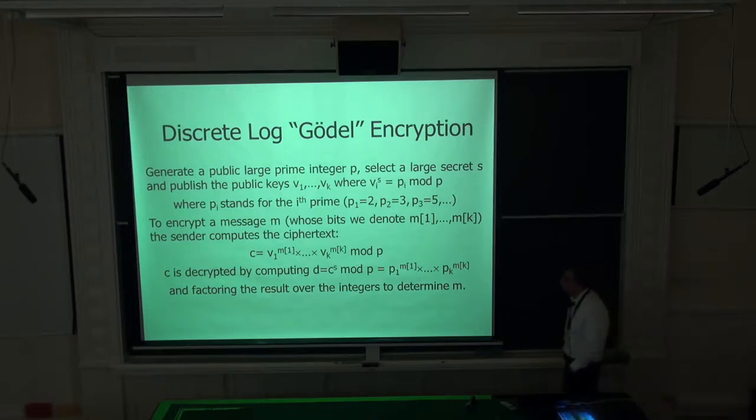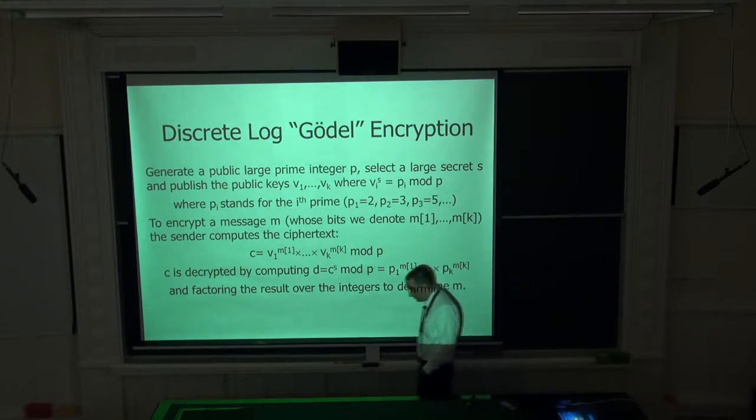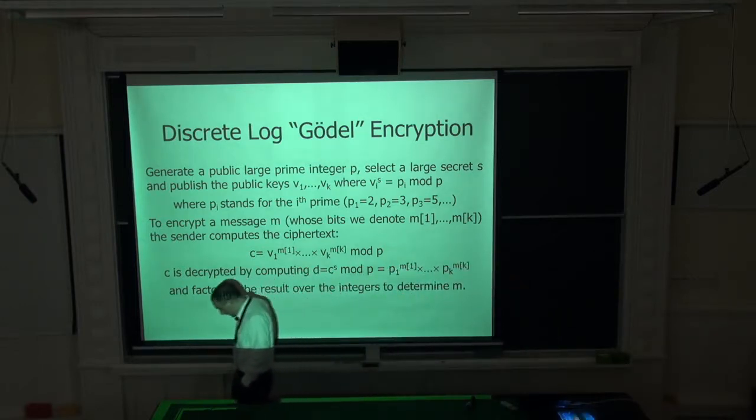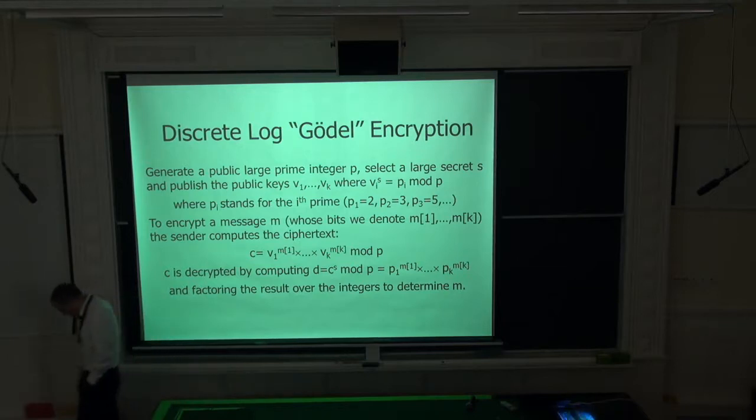So Pi is a small prime, like 2, 3, 5, and so on. So you take a big secret S, let's say, think about it as a 200-bit number, or 500-bit number, P as a 1024-bit number, and you take all the small primes, and each small prime you raise to the power S, and then you get the VIs.